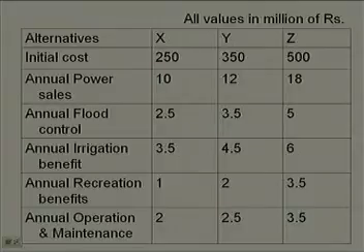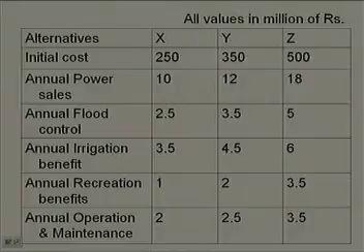These values are given for all the 3 alternatives X, Y and Z. Please note it down. For example, the initial cost for alternative X is 250 million. For Y, it is 350. For Z, it is 500 million.